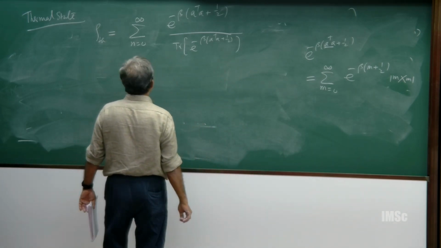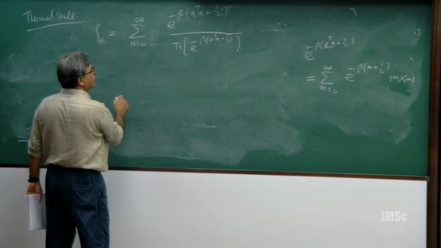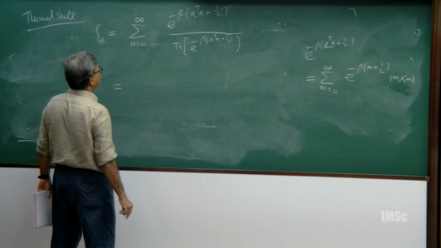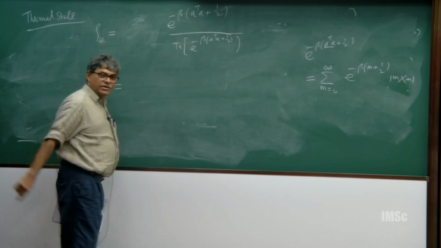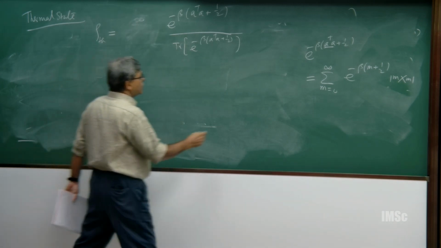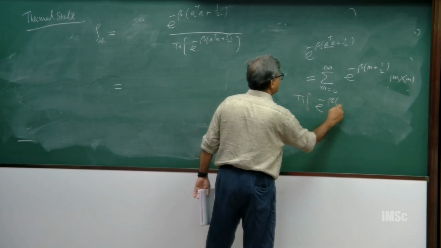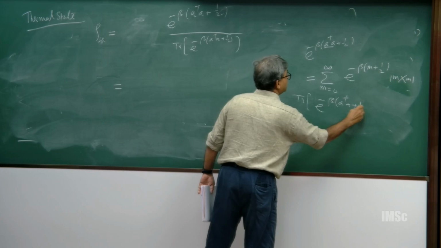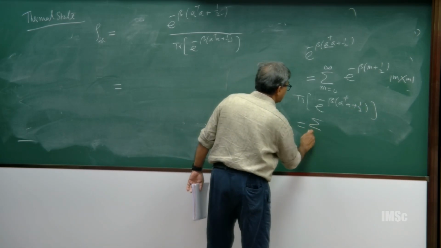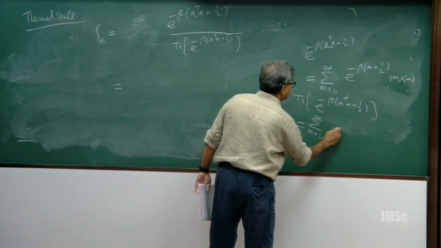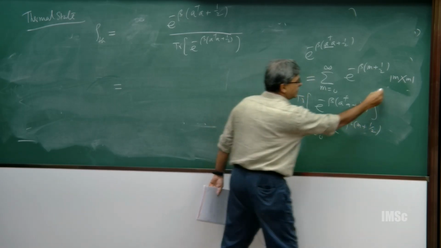So, this I can write therefore as, oh no, this sum is not there, sorry, because this is an operator, there is no sum. Now, from here, if I look at the trace of e to the power minus beta a dagger a plus half, what will I get? I will get sum over m equal to 0 to infinity of e to the power minus beta m plus half, because this trace is 1.